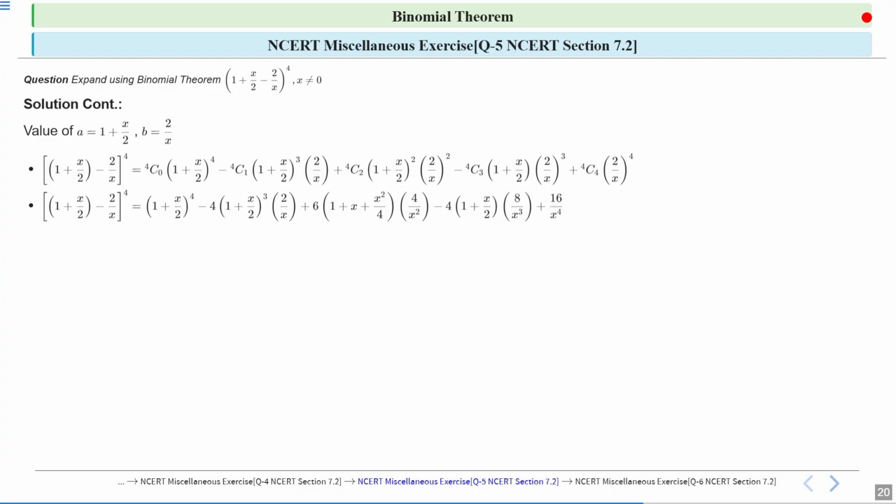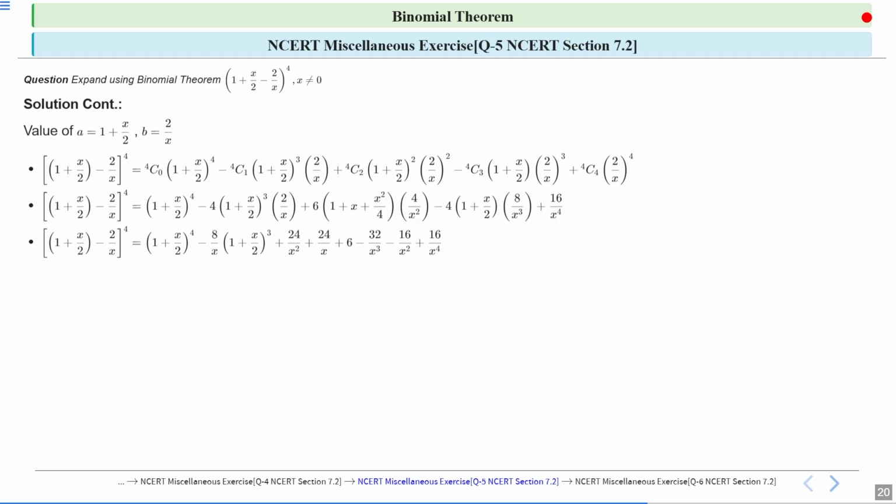and further simplify, you will get 1 plus x by 2 minus 2 upon x whole to the 4. This is equal to 1 plus x by 2 whole to the 4 minus 4 times 1 plus x by 2 whole cube times 2 by x plus 6 times 1 plus x by 2 whole square times 4 by x square minus 4 times 1 plus x by 2 times 8 by x cube plus 16 upon x to the 4.